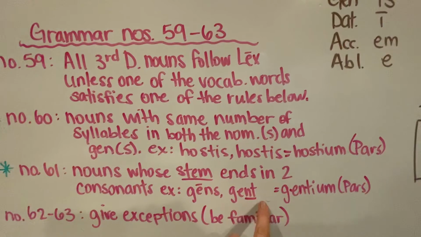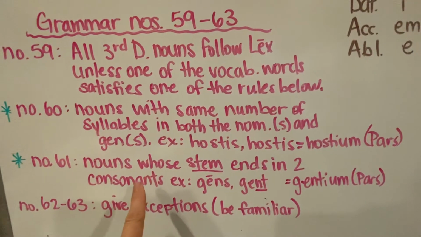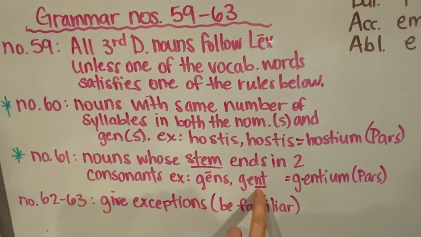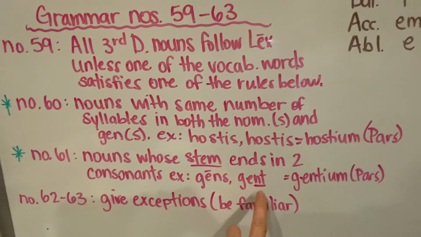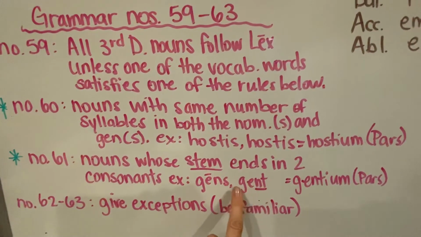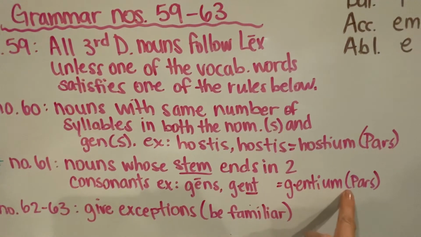Then we look at the stem, and if it ends in two consonants, it's going to be a pars word. I can see right here we've got two consonants, no vowels, an N and a T, and it satisfies that rule. So the word gens, gentis is going to be a pars word.